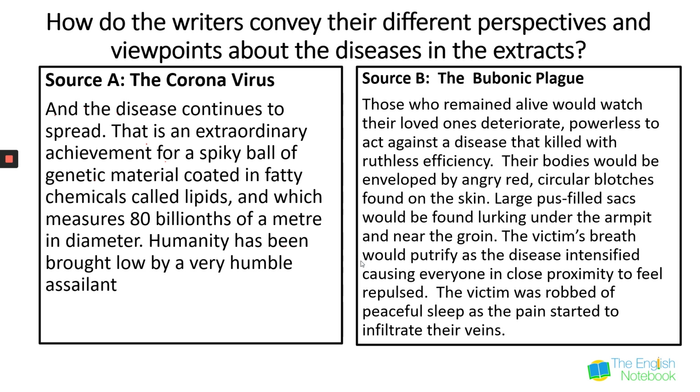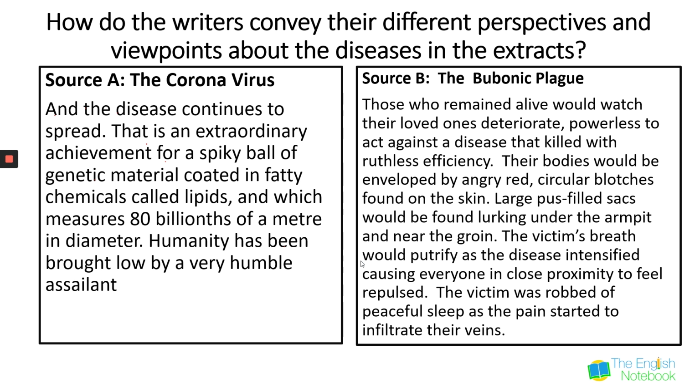Right, so source B, the bubonic plague. Those who remained alive would watch their loved ones deteriorate, powerless to act against a disease that killed with ruthless efficiency. Their bodies would be enveloped by angry red circular blotches found on the skin.